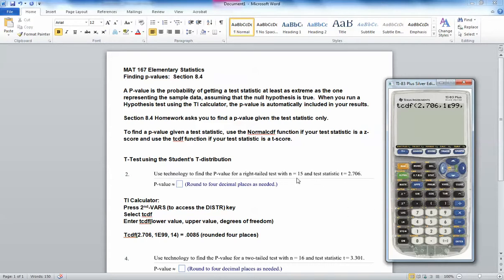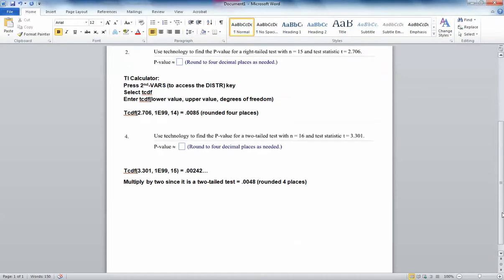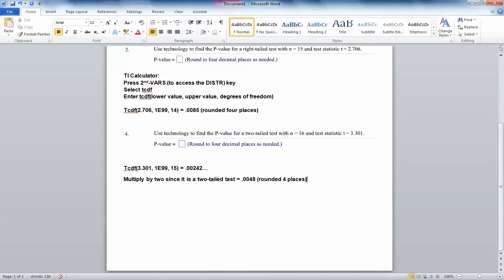And degrees of freedom is always the sample size, 15, minus 1, so in this case would be 14. Close out parentheses, and that says that the p-value, or the area from 2.706 to the right, is 0.0085, rounded to 4 places.